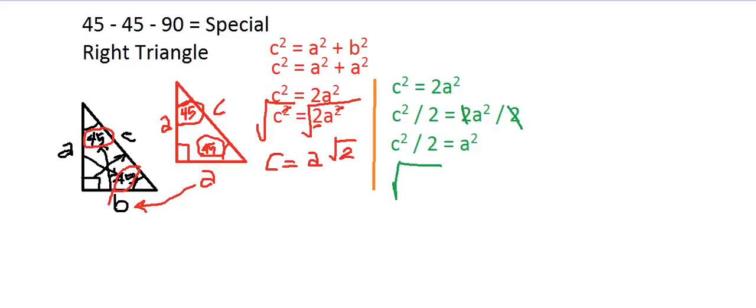So the square root of c squared over 2 is equal to the square root of a squared.